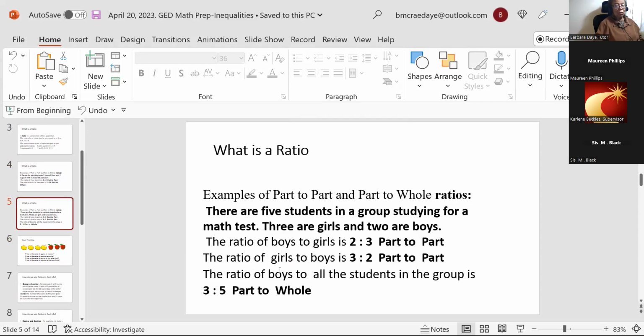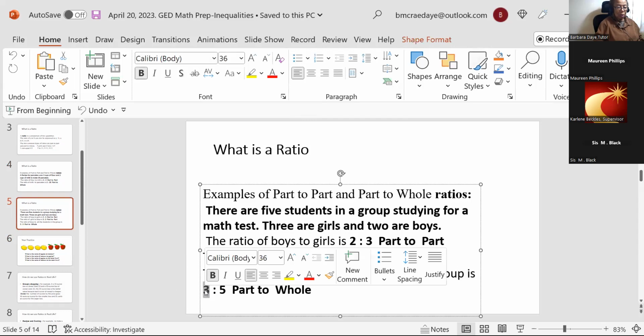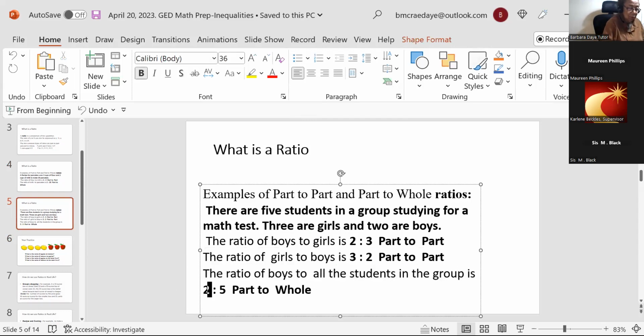So boys to the whole, boys is 2, and girls is 3. So the boys to all the students would be 2 to 5. But if I said girls, the girls would be 3 to 5. Girls to the whole. Got it?